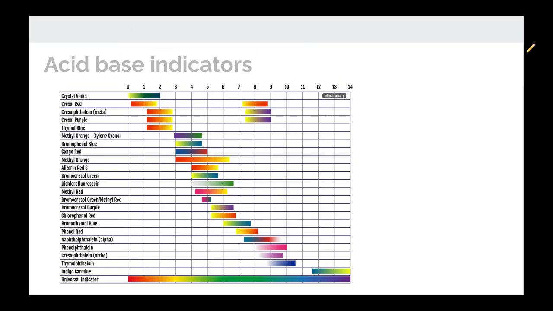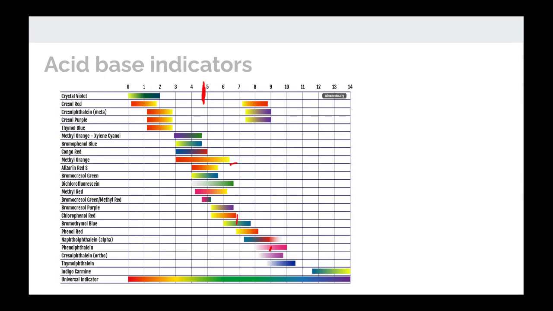Here's a whole bunch of indicators, and you can see not only where the color change is on the pH scale, that's across the top here, but you can also see what the colors are. So here's an example, methyl orange. Its pKa must be somewhere around 4 to 5, because the change range is centered right on that pH. Here's phenolphthalein that we were looking at earlier. 9 must be about its pKa, because between 8 and 10 is where we see it change from colorless to pink.